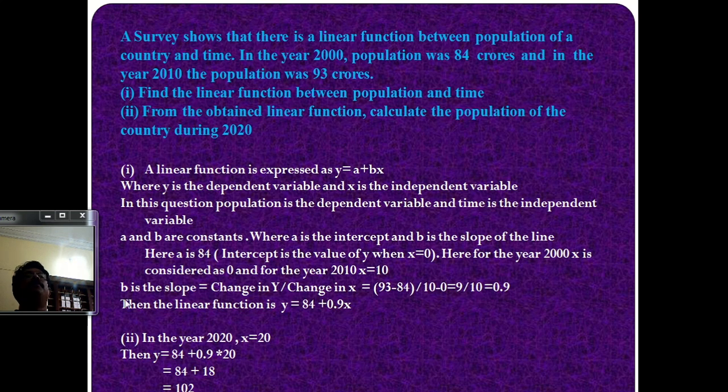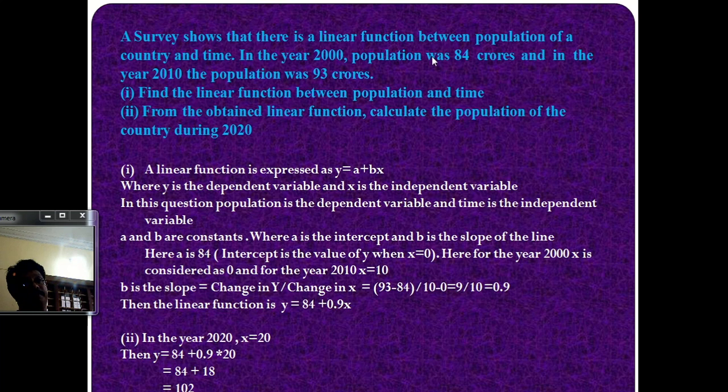To find the slope b of this linear equation, change in y divided by change in x, that is, change in the dependent variable divided by change in the independent variable. What is the change in the dependent variable? 93 minus 84. The population increased from 84% to 93%.